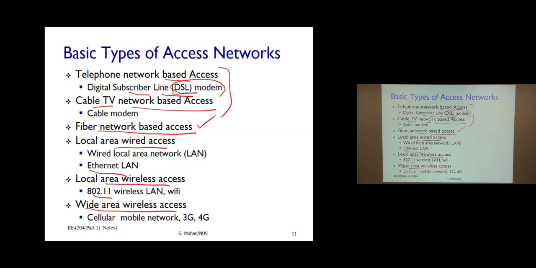This is basically based on cellular mobile networks, for example 4G, 3G, 5G, all those things. It's called wide area because the cellular tower can be a few kilometers away from you. Let's say 10 kilometers away, still you should be able to connect your device to it. But that's more expensive. That's why we need to pay more for mobile data.